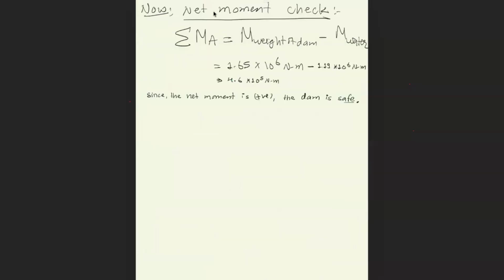Now this helps us to check the net moment. That is, the net moment at A will be equal to the moment of the weight of the dam minus the moment of water. That gives us 4.6 × 10^5 Newton meter. Since the net moment is positive, the dam is safe.